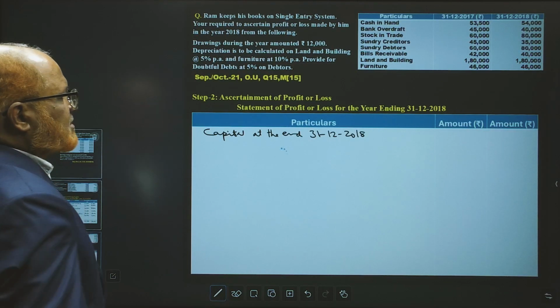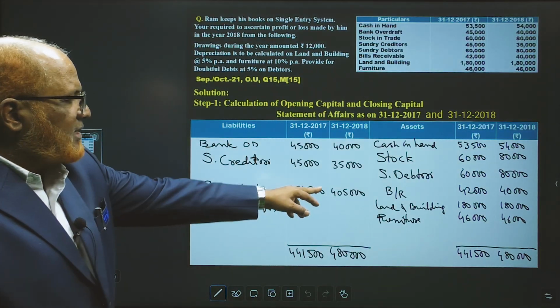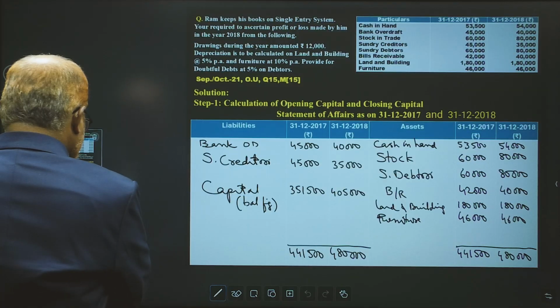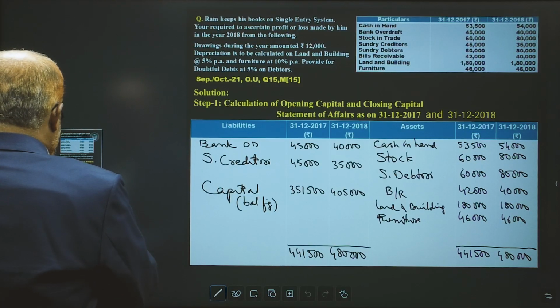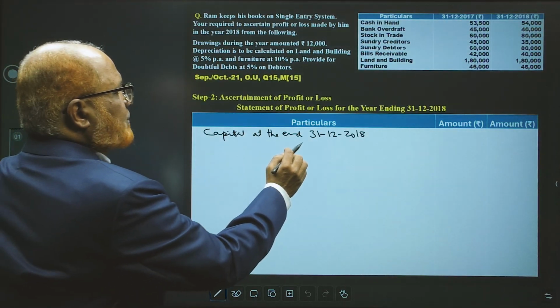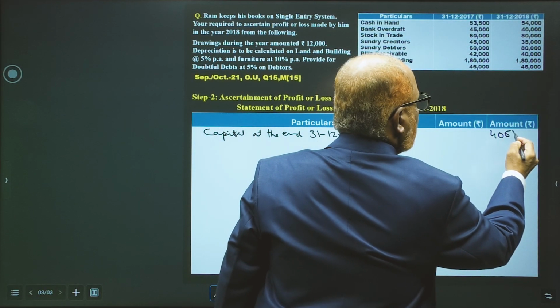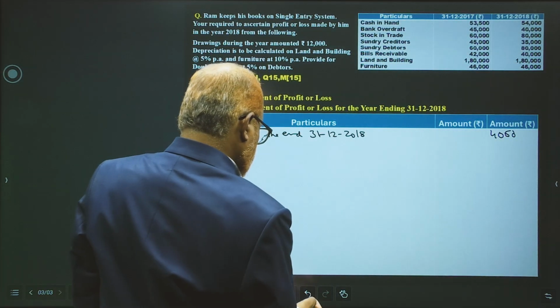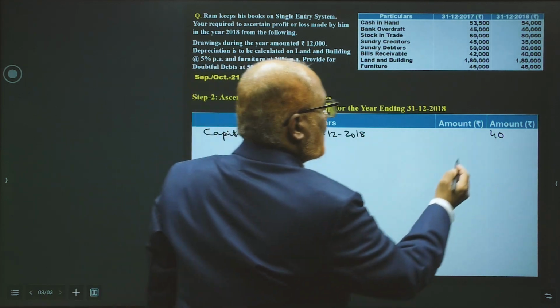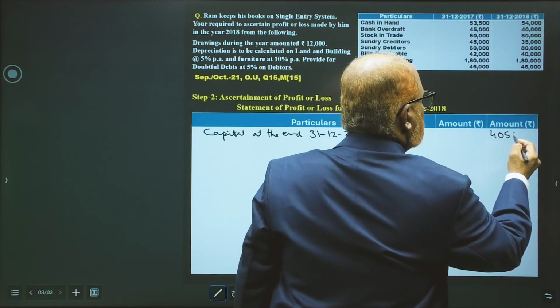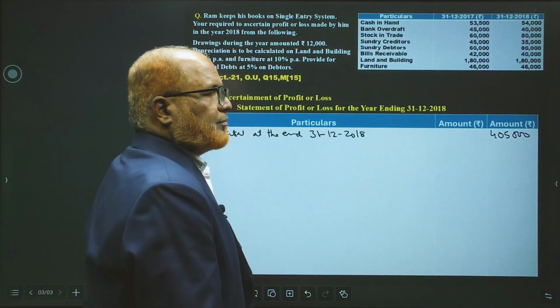Here we have calculated. The capital at the end is 4,05,000, right? Now we'll come back to our current step. 4,05,000 I am taking in the second column.